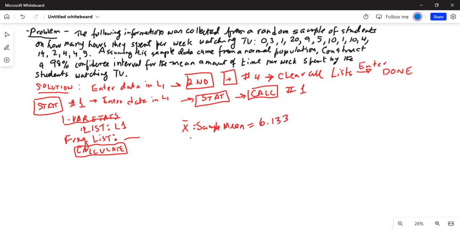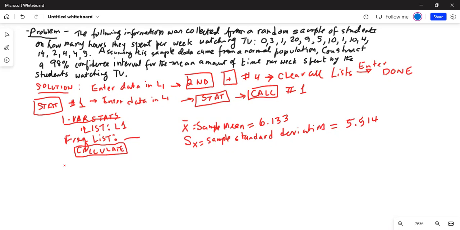We are also interested in Sx, which is the sample standard deviation, and that is equal to 5.514. Notice this is a sample data, so we are interested in Sx. We are not interested in sigma x, which is population standard deviation.